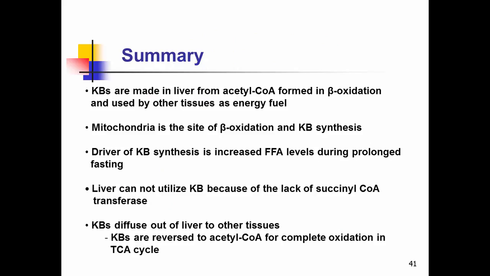Okay, so I just wanted to summarize what we have covered so far for ketogenesis. So ketone bodies, again, are made in the liver from acetyl-CoA. So acetyl-CoA is the precursor of ketogenesis, and again the acetyl-CoA is mostly from fatty acids oxidation, right, under the fasting condition, or even under the pathological condition.